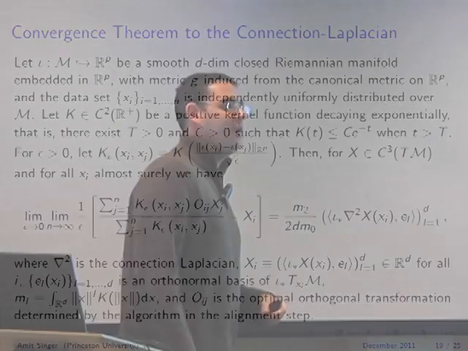The connection Laplacian is again a second-order differential operator that one can apply to vector fields, tangent vector fields over the manifold. This explains why I call it the vector diffusion map and the connection Laplacian. And again, one can apply different normalizations and get this connection Laplacian also in the non-uniform case.